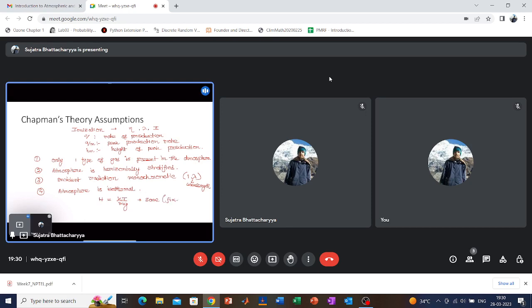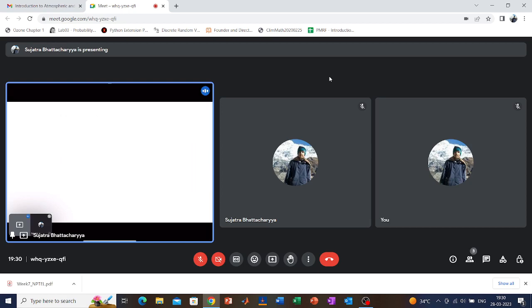That's why these four assumptions are taken, only for simplification: monochromatic radiation, stratification, and so on. And since the atmosphere is isothermal, I don't need to vary the capital H, the scale height. Fine. Now I will start the derivation. It will not take much time, I guess.